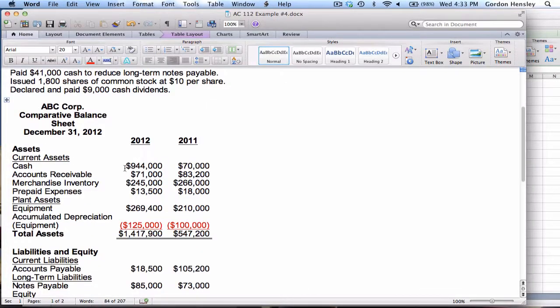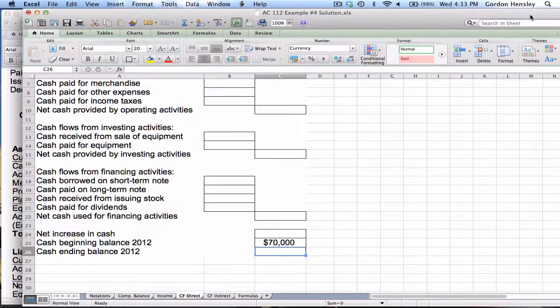Now, in the current year, it says I have $944,000. So my cash ending balance is going to be $944,000. And then I'm going to take the difference there. If I had 944, if I deduct from that 70,000, that's a difference of 874,000.